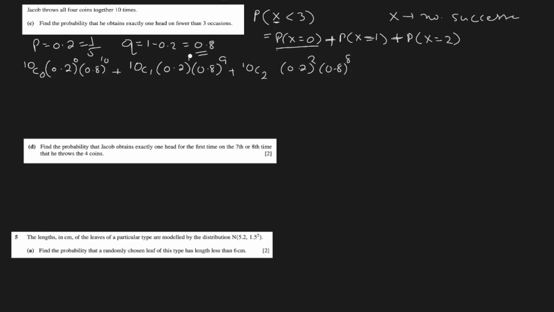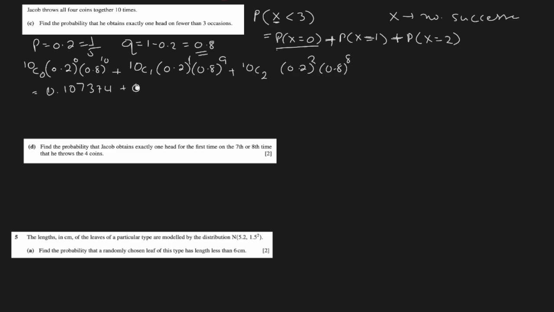Keep in mind, 1 plus 9 is 10, 2 plus 8 is 10, 0 plus 10 is 10. Their sum should be 10 because there are 10 attempts. Alright, so carefully put this in the calculator and you'll get your answer. What I'm getting here is 0.107374.